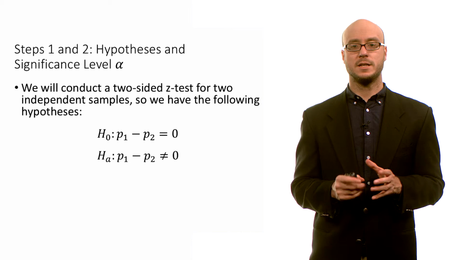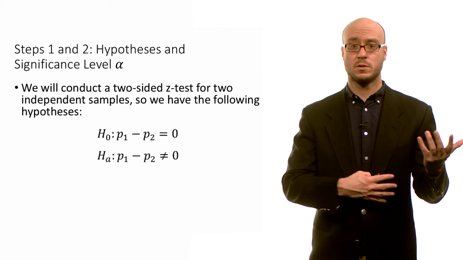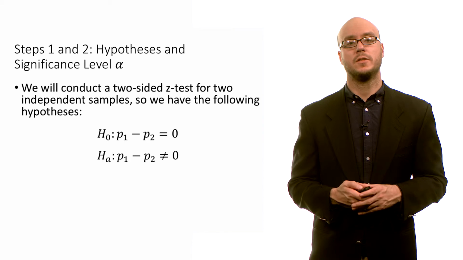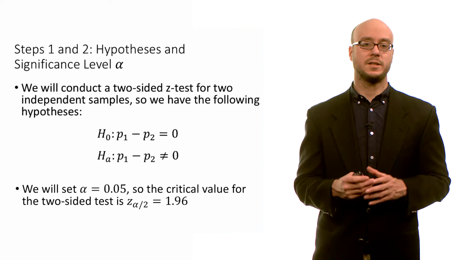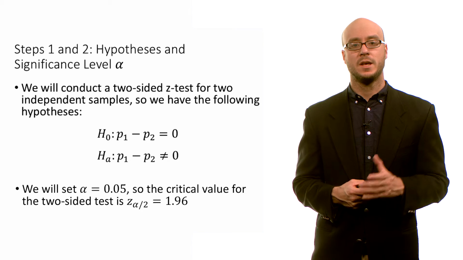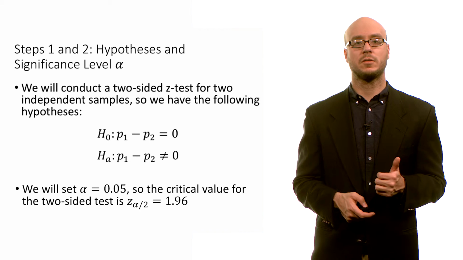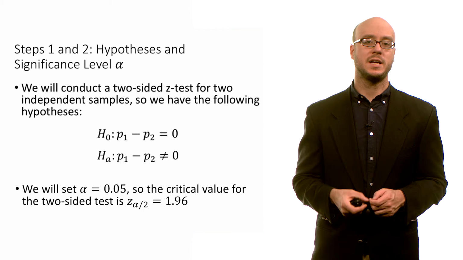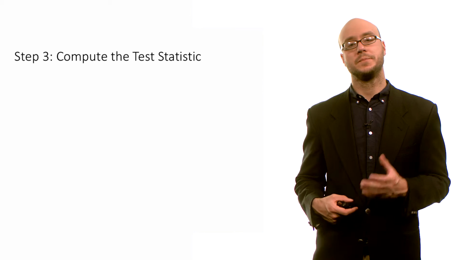The key point here is that men or women could be greater or less than in terms of their views of Wall Street executives being dishonest or not. We're agnostic about that setup. Then we're going to set alpha to 0.05, and we're going to set a critical value. Since we're conducting a 2-sided z-test, that critical value will be set accordingly.